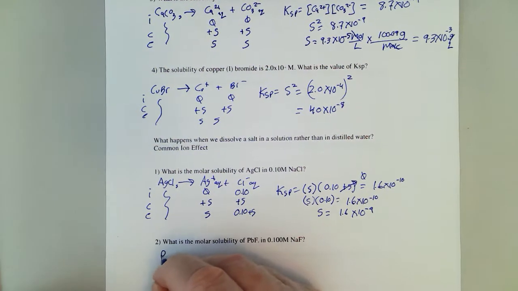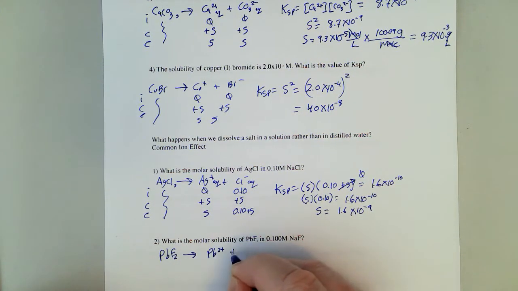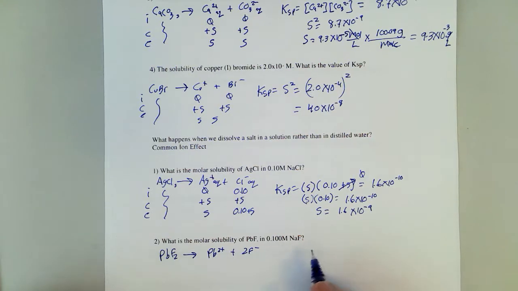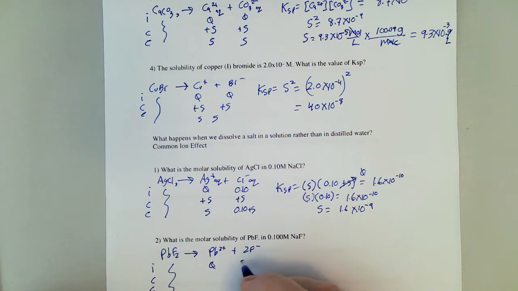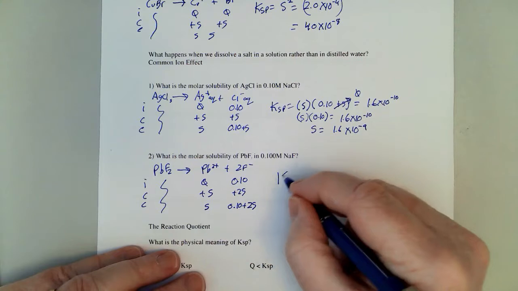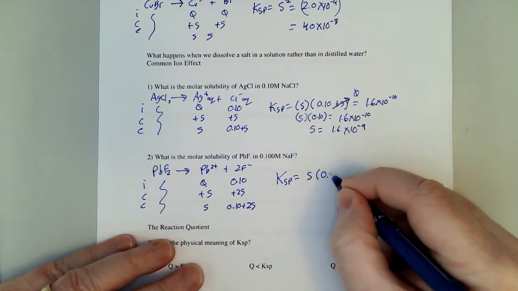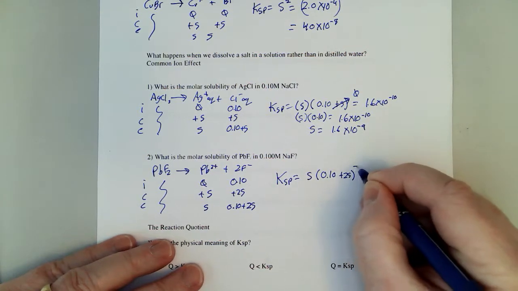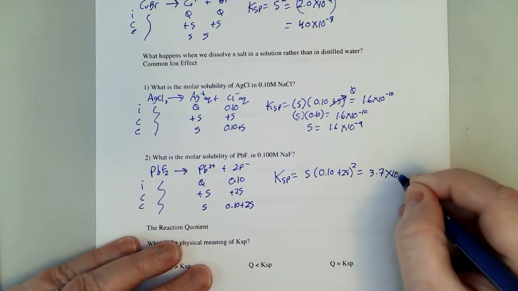So, do the same thing for PbF2. We're going to put in 0.10 molar NaF. ICE, ignore this, 0.10 plus S, plus 2S, S, 0.10 plus 2S. So my Ksp equals S times 0.10 plus 2S, squared, equals 3.7 times 10 to the negative 8th.